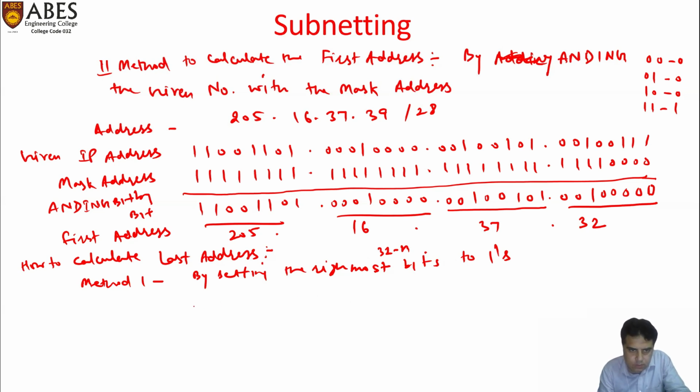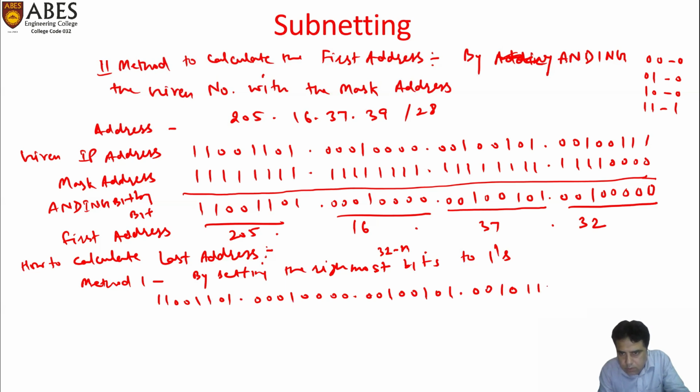For example, 11001101.00010000.00100101.00101111, where the last four bits are set to 1, since 32 minus 28 is 4.